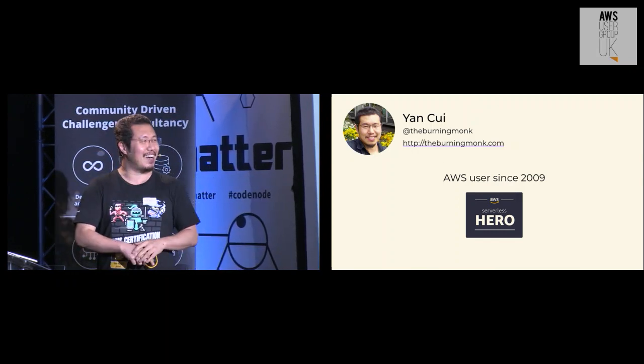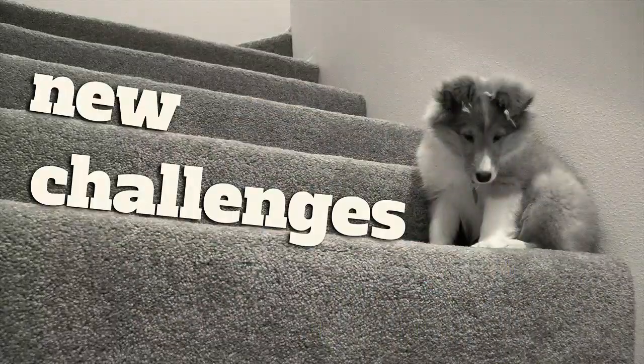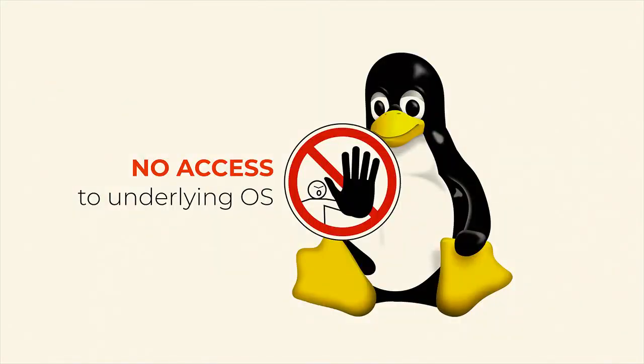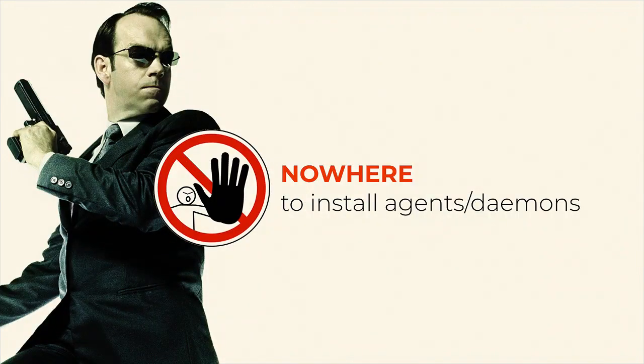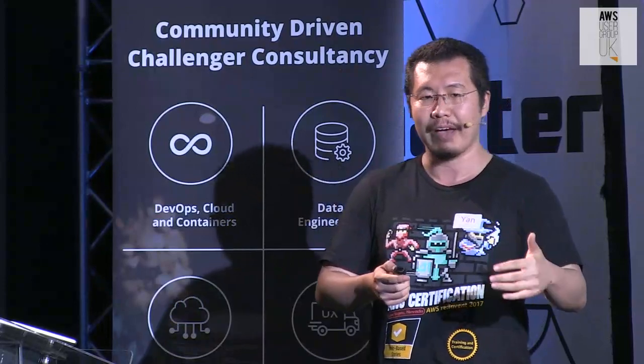In terms of the new challenges that the serverless paradigm has introduced to our toolchain, we mentioned that with Lambda, you don't have access to the underlying operating system or the infrastructure that runs your code, which means there's nowhere for you to install many of these monitoring agents and daemons anymore. All these daemons and agents for a long time have served a very important purpose, and they've done their job quietly in the background, outside of the critical path of your code.